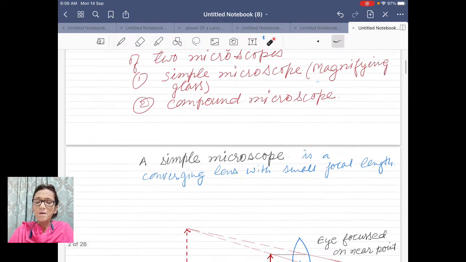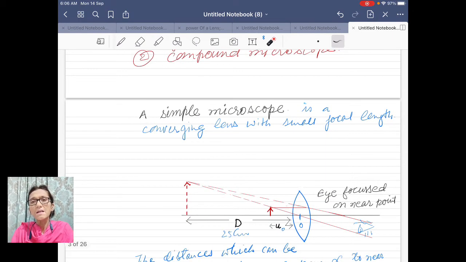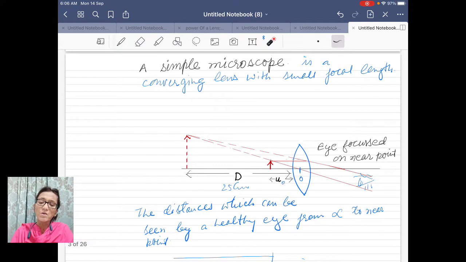A simple microscope is a single converging lens with small focal length. You will come to know while learning that magnification will be very large if the focal length is small. So firstly we will start with the simple microscope, your magnifying glass.